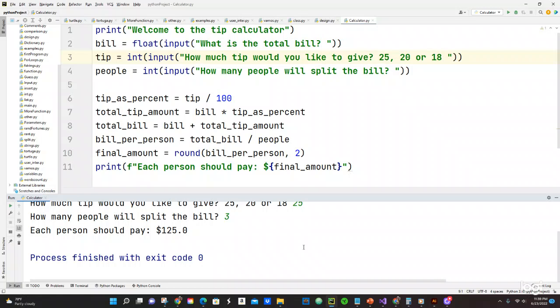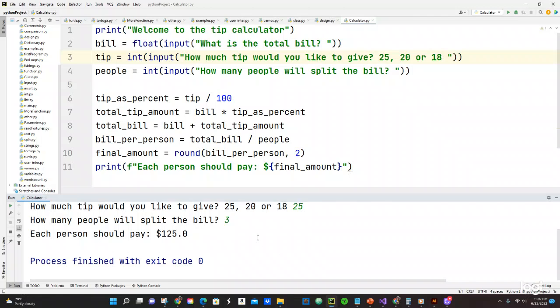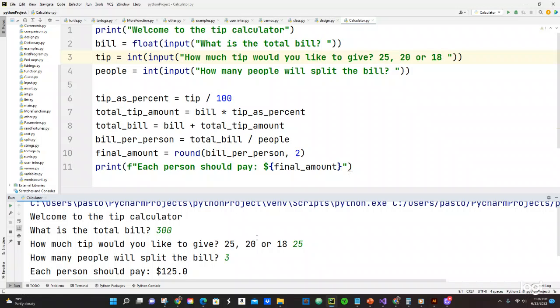Basically, 25 divided by 100 is 0.25, and 300 times 0.25 is $75, right?